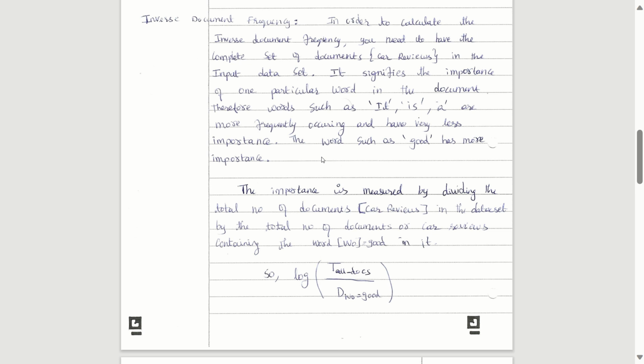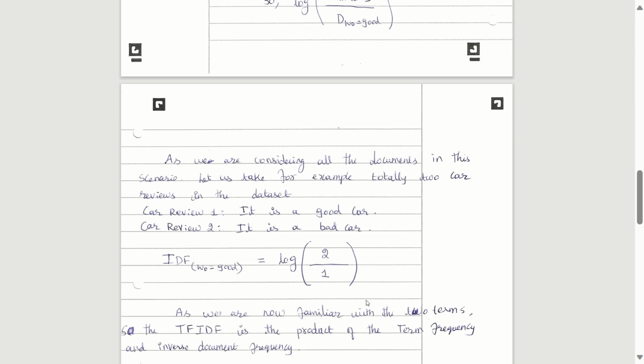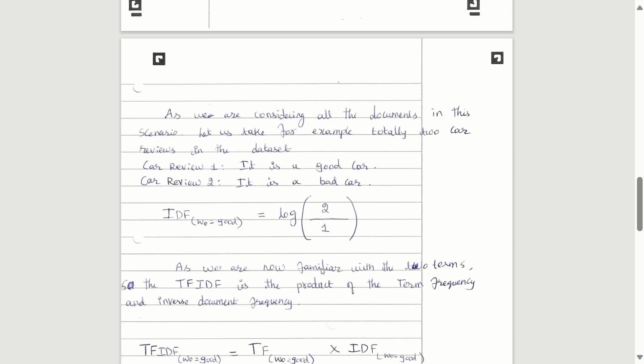Say for example, good: it's the log of the total number of documents divided by the number of documents containing the word good. In this case, car review 1 is "it is a good car" and the second review is "it is a bad car." So you have two documents, two reviews, in the corpus. The total is 2, divided by the number of documents containing the word good. Only one document, review 1, contains it. So it is log of 2 by 1.